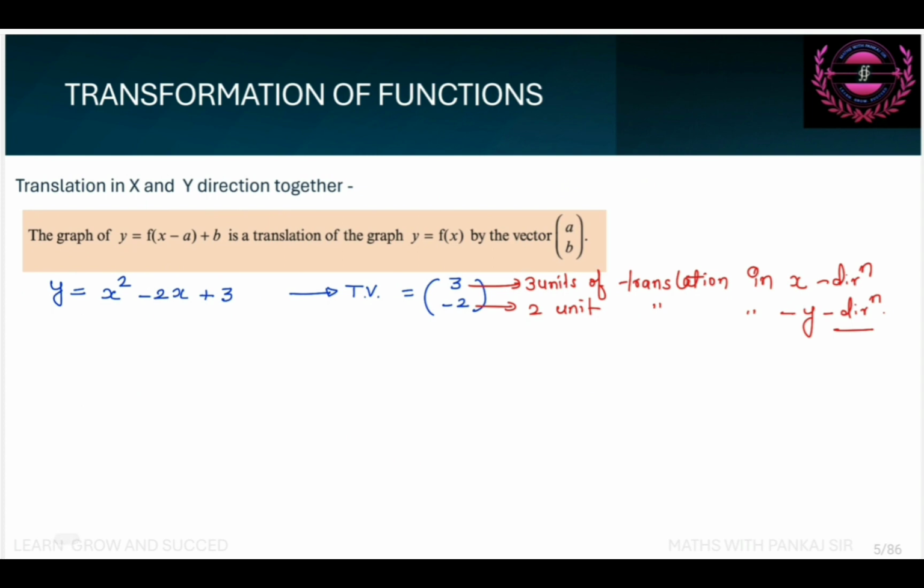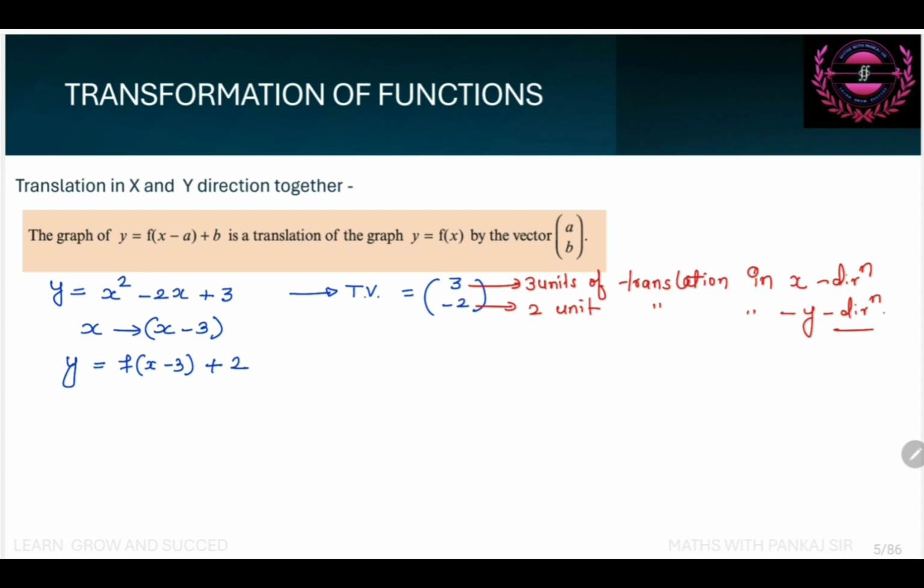So for translation in the x direction, I will replace x with x minus 3. I will do translation in the x direction first, and at the end I will add minus 2 to the complete function.